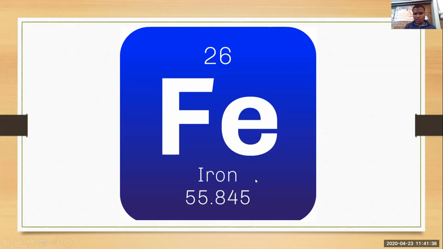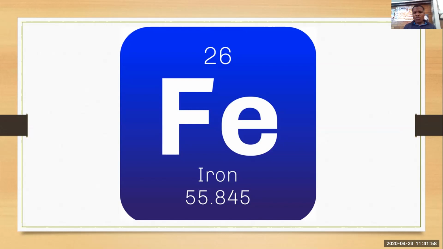In this case, it's written in full, it's iron. And then you'll also find what we call the atomic mass. This periodic table you've been using from grade 7, you'll use it throughout your grade 8, throughout your schooling career, and even when you go to university, you'll still use the same periodic table, however at different intensities.